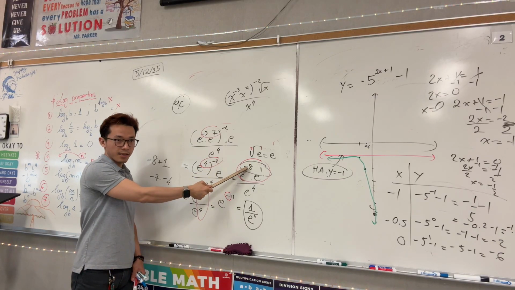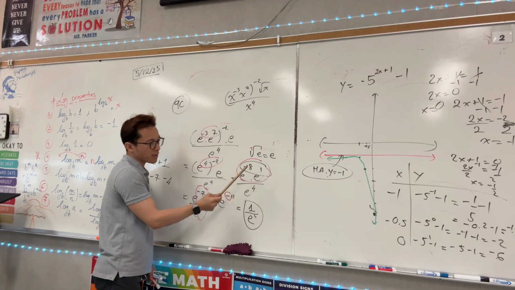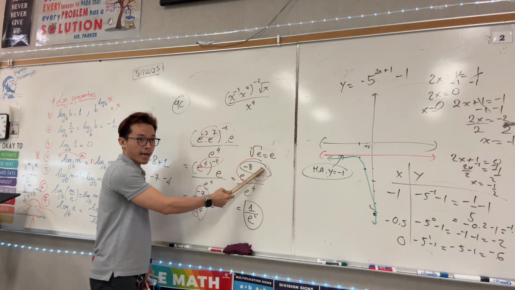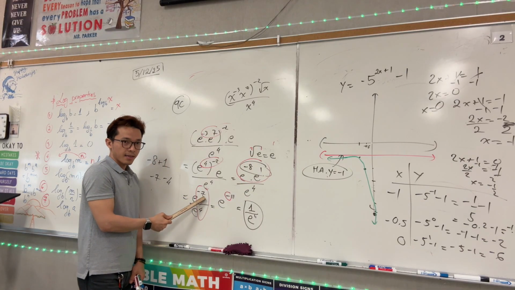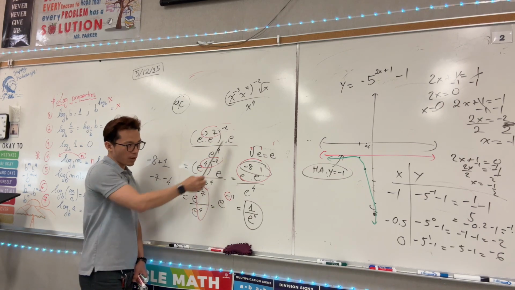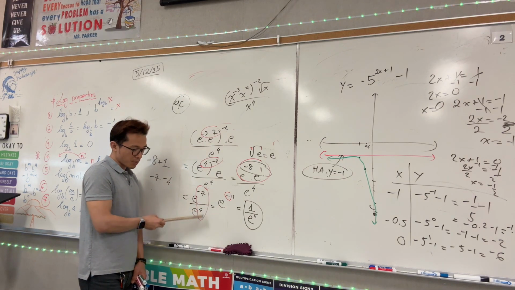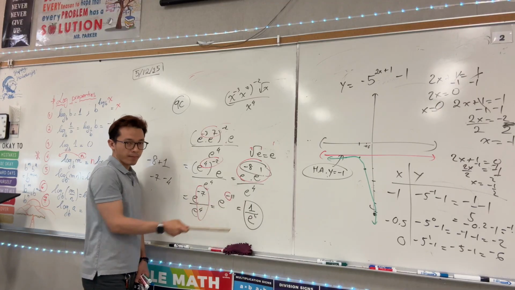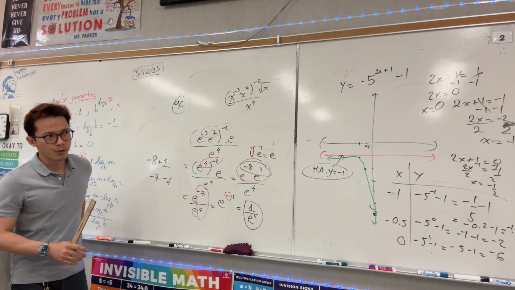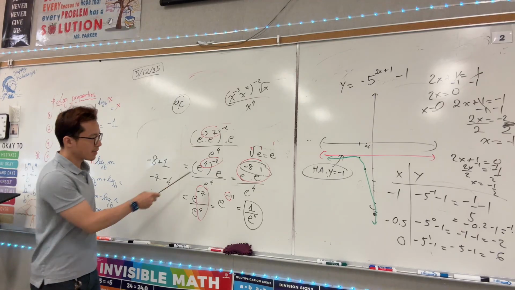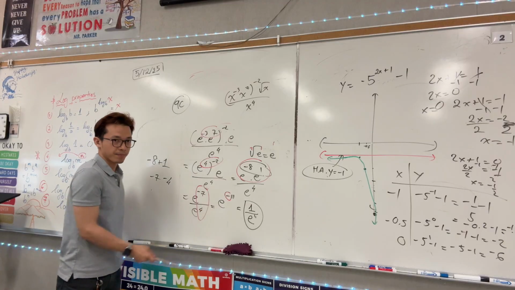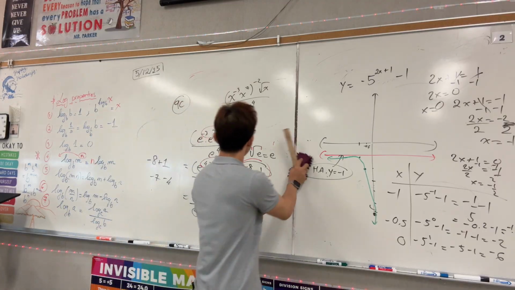And if they divide, that means they subtract. And then you see negative, you flip it. That's it. It's using all four properties: power of a power, adding powers, subtracting powers, and flip. So that's why it's a lot, which is not really a lot.